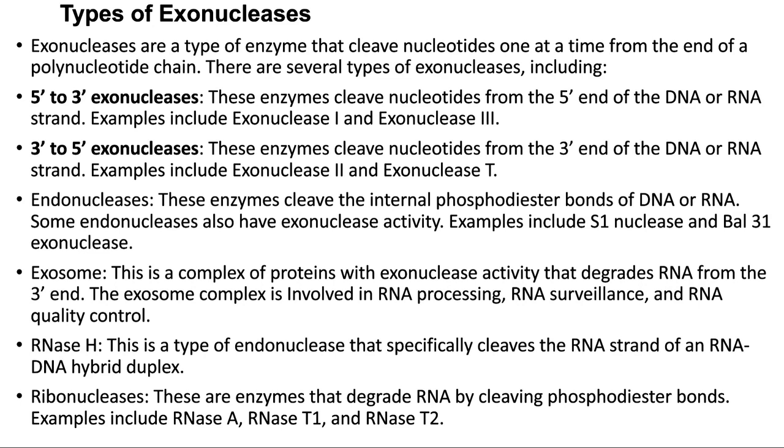We equally have the 3' to 5' exonucleases, and just as we defined before, it helps to cut the nucleotides from the 3' end of the DNA or RNA toward the 5'. An example is exonuclease 2 and exonuclease T.